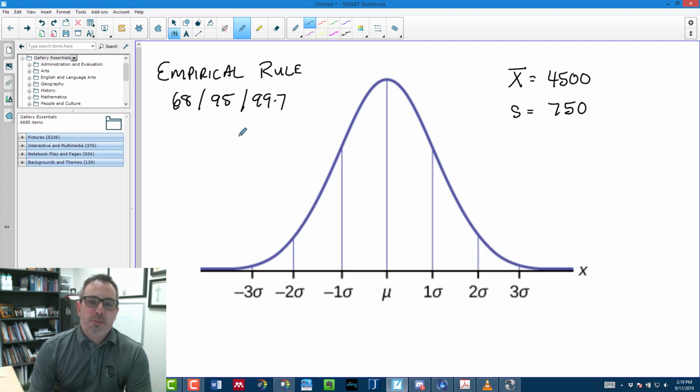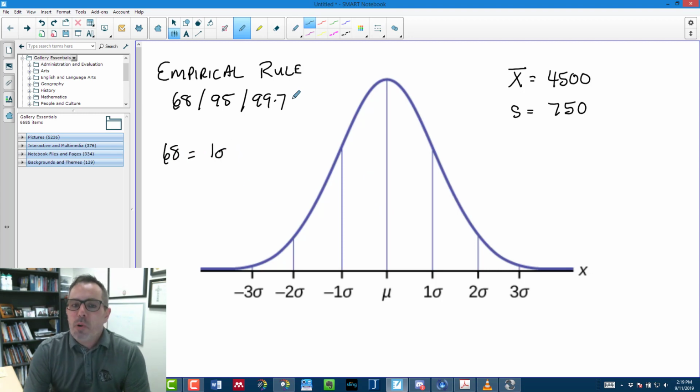And that is the first standard deviation. So 68 is I would say 1 sigma. It's 1 sigma difference. So 68 ends up being from here to here. And a single sigma difference is going to be $750.